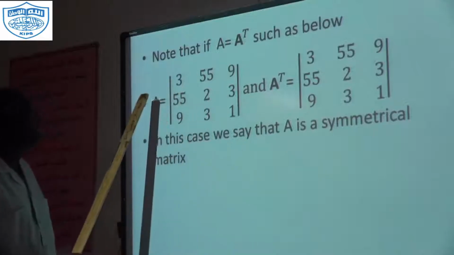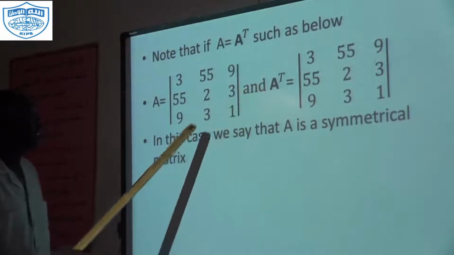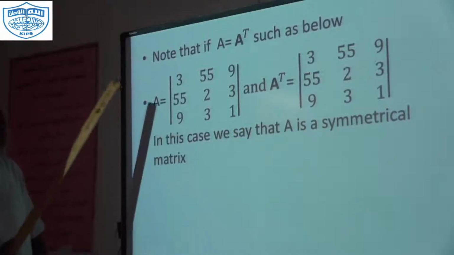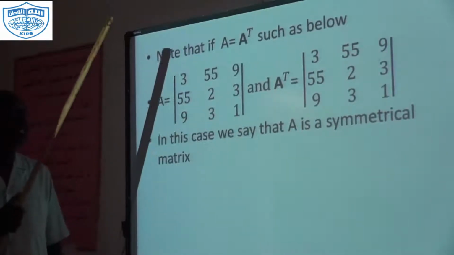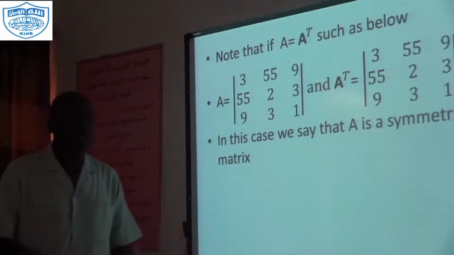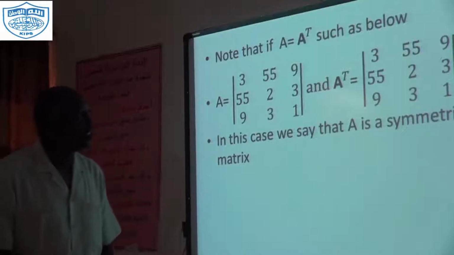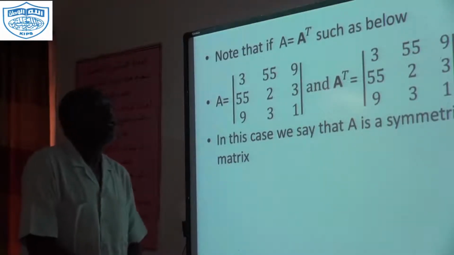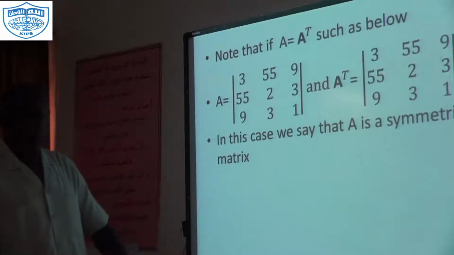It means that A equals A transpose. In this case, we say that A is a symmetrical matrix. I.e., if any matrix is equal to its transpose, we say that it is a symmetrical matrix.